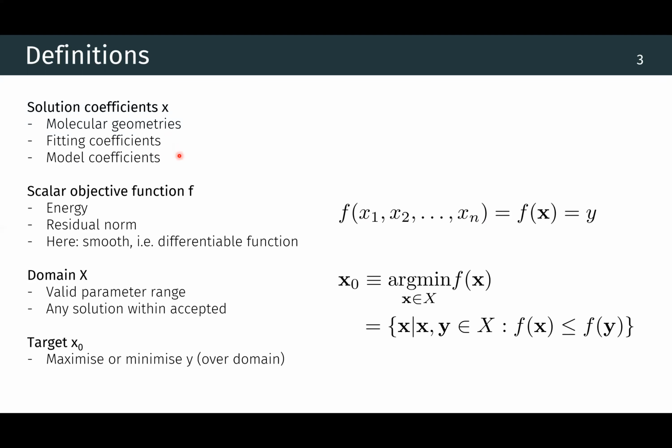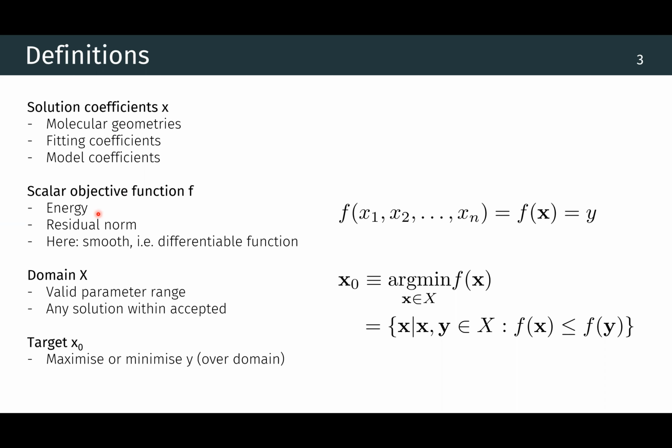Or if you think machine learning, then there could be model coefficients. It doesn't really matter. In the end, the most important thing is we have a bunch of scalar values, and our target function is just one scalar value. That can be, for example, the energy. If this is the molecular geometry and this is the energy, then the function we're optimizing is the energy given a certain molecular geometry.